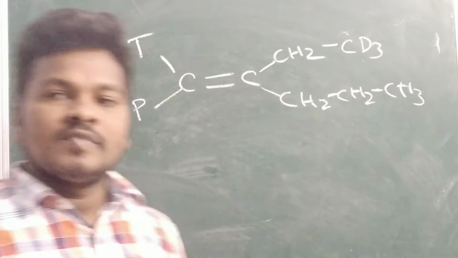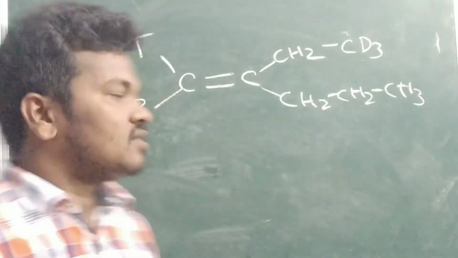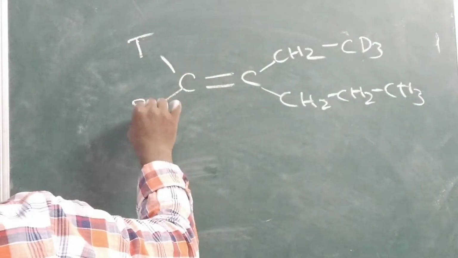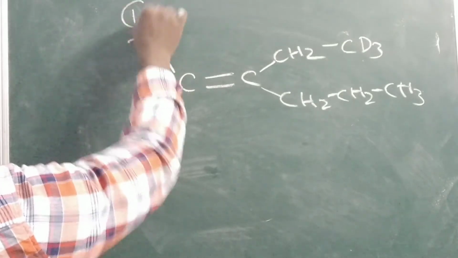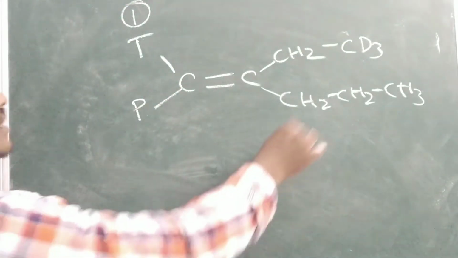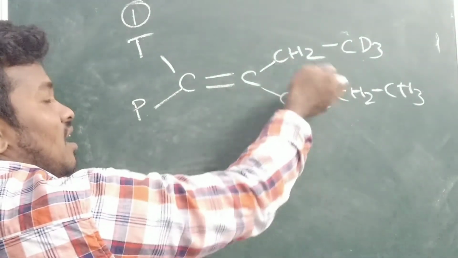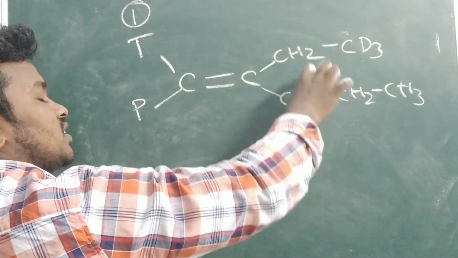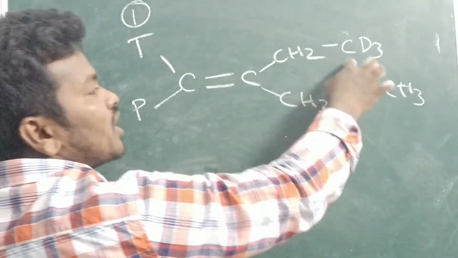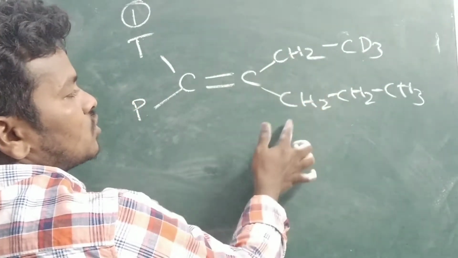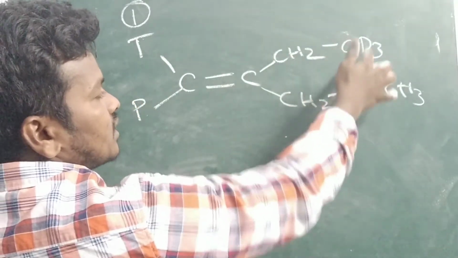So find out E or Z isomers. Tritium or protium, of course tritium has higher mass. Just now we have learned the rule: when the two atoms on the opposite side are the same, you can go to the next atom. CH2, CH2, carbon, carbon, tritium, tritium.